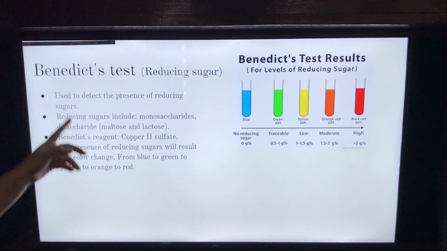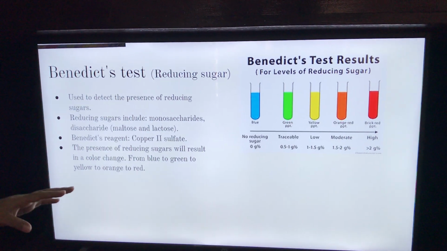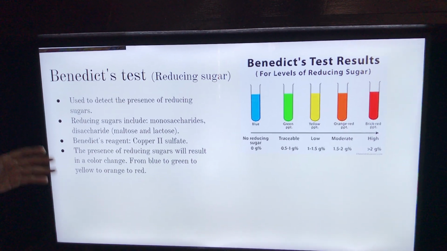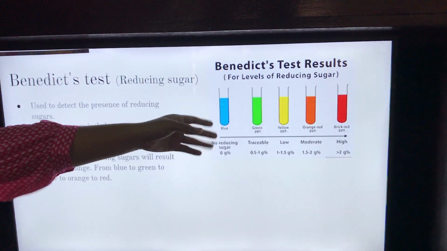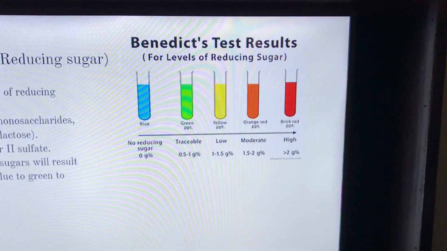Now the reagent for the Benedict's test is copper 2 sulfate. And the whole idea or concept behind it is that if reducing sugars are within the substrate that we are testing, we will know because of the color change. And the process is really easy.